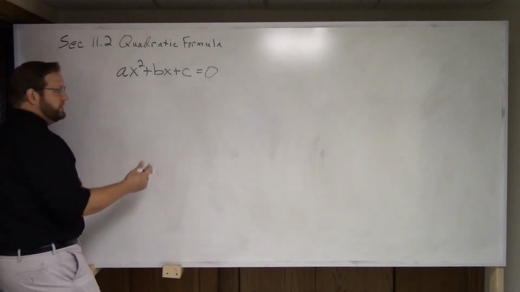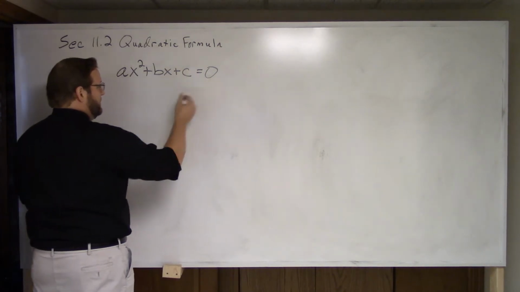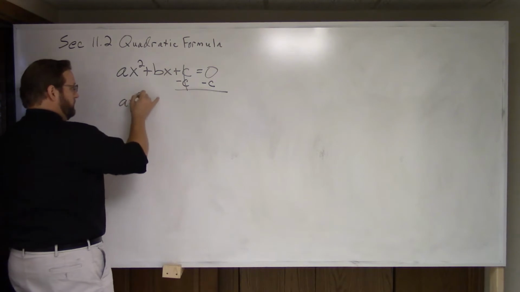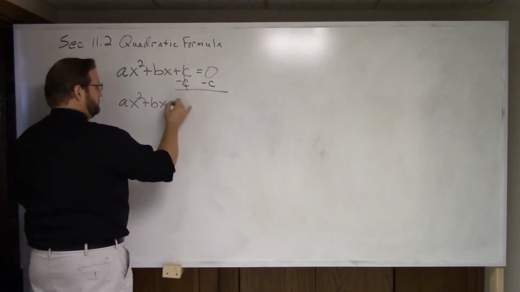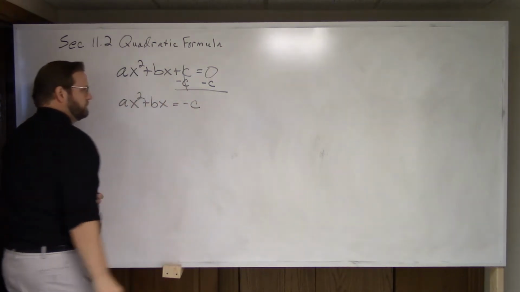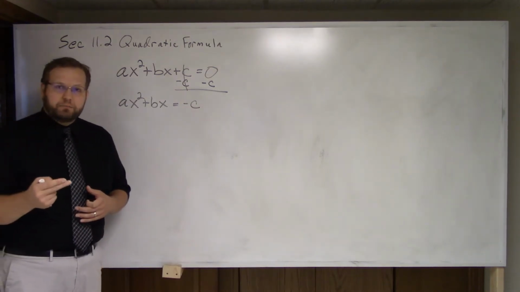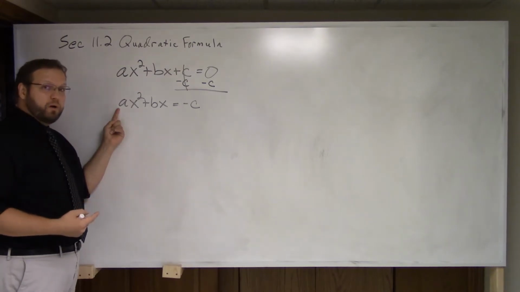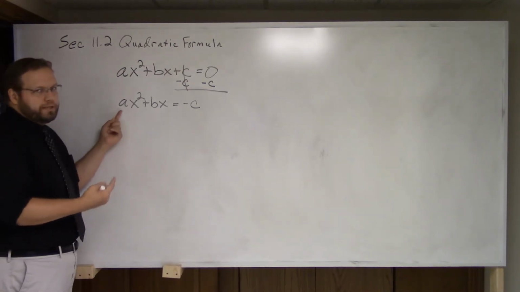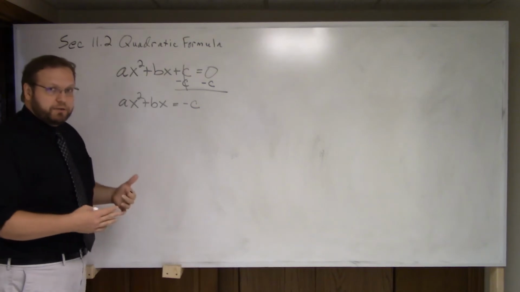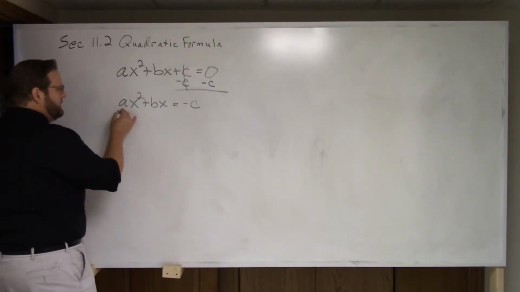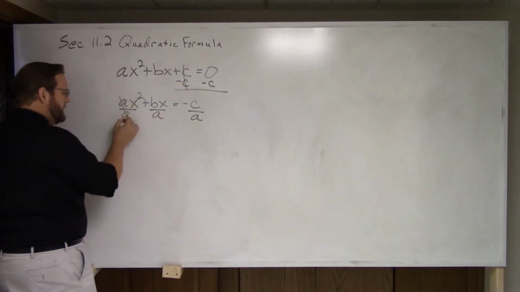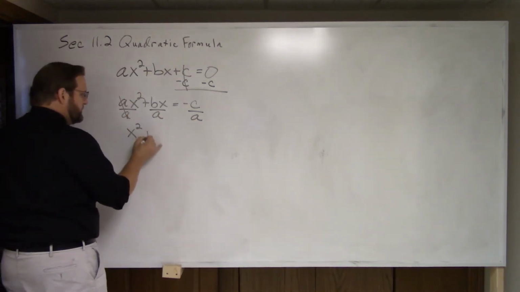First thing I would always do is get that constant isolated, so I would subtract c in this case. Think back to completing the square. The next thing would be, if this number was something other than 1, I would divide through by it. Well, what is a? It could be 1, could be something else. If it is 1, it's not going to hurt anything, so let's just divide everything by it. That way we can clearly state there's just an x squared.